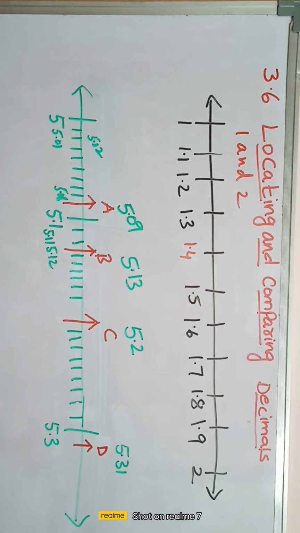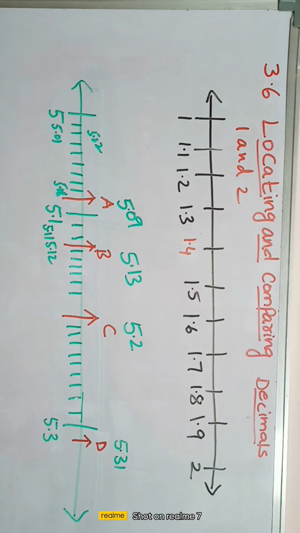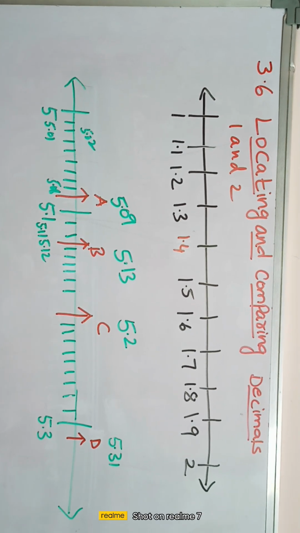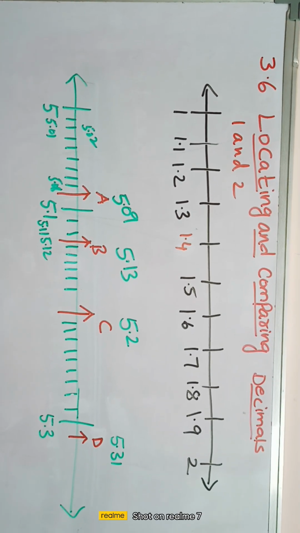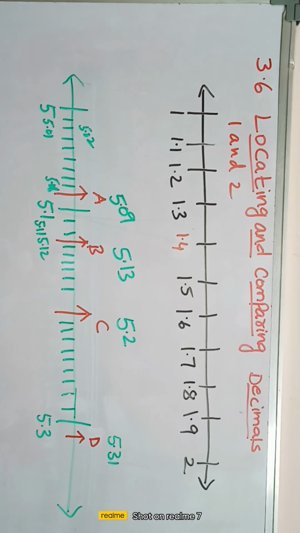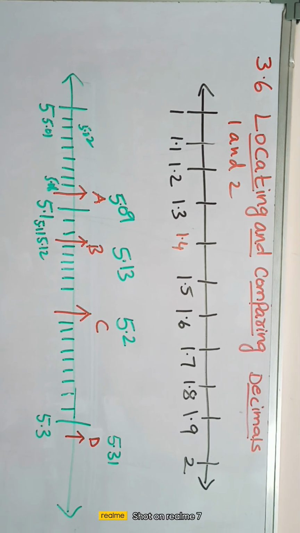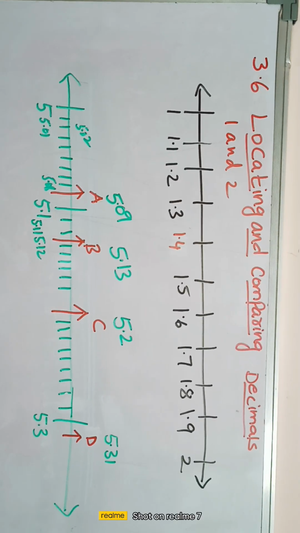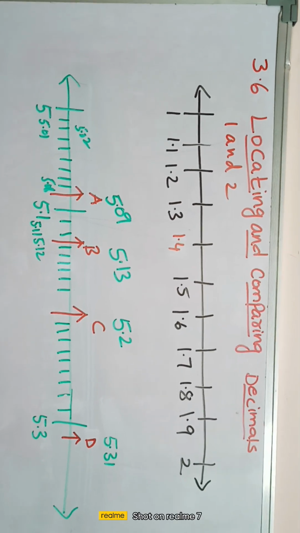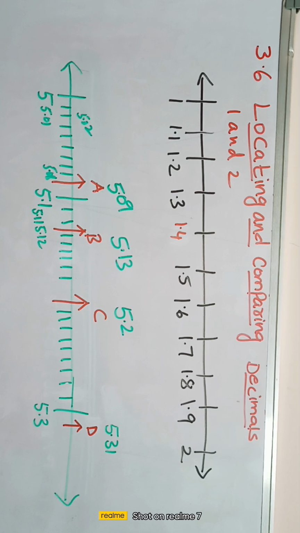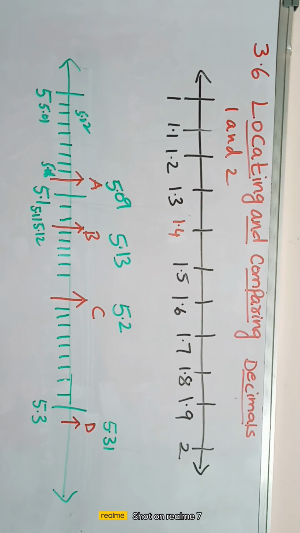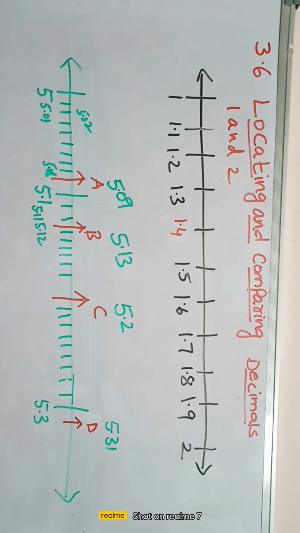Near C, 5.2 has to come, the division after 5.1. After recounting, 5.13, 5.14, like that 5.19, after that 5.2. Next 5.21, 5.22, 5.23, up to 5.3.